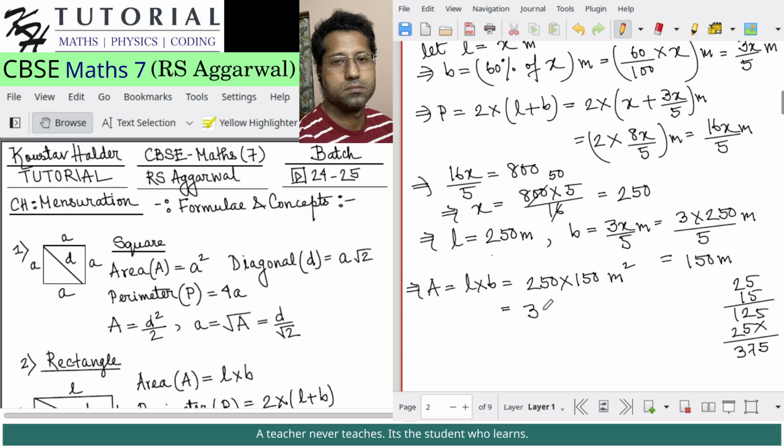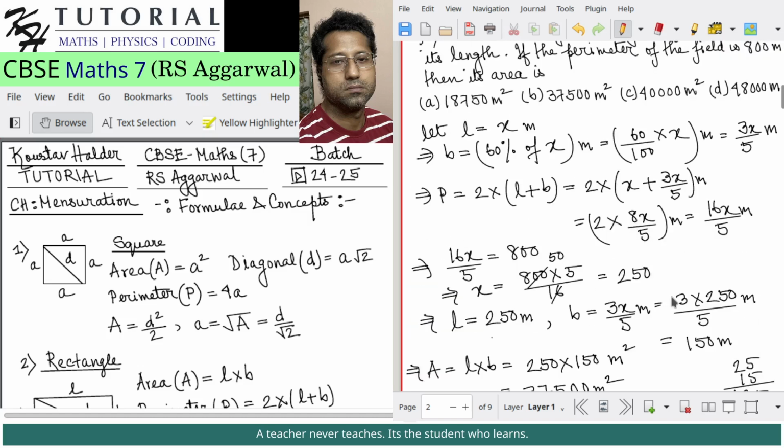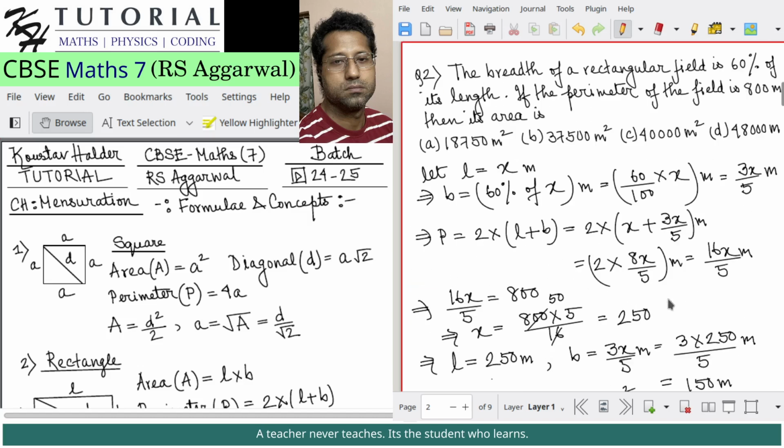So this is 37500 meter square. So 37500 meter square is the area of the rectangular field, and hence the correct choice is choice B. B is the correct choice.